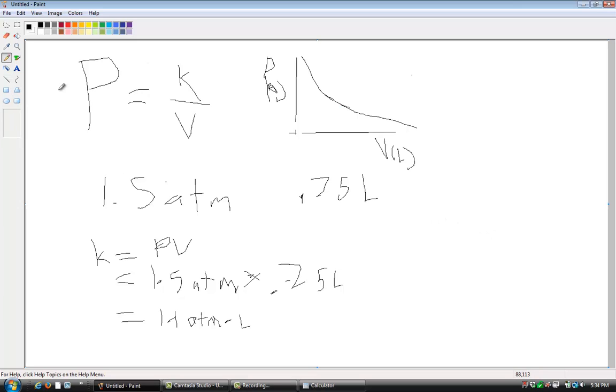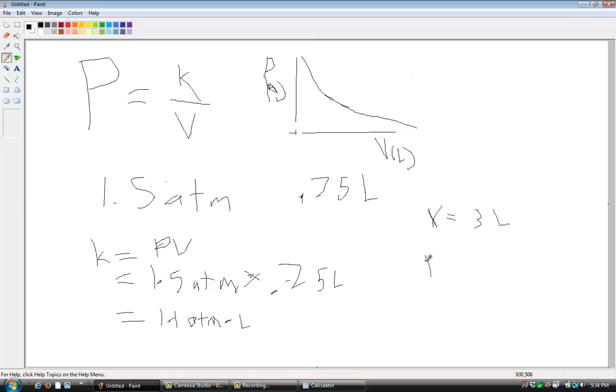Let's do one where we have the volume. That way it's one of the easier ones. We don't have to move things around, because sometimes you don't have to. So let's say that we're given that the volume is 3 liters. What's the pressure?